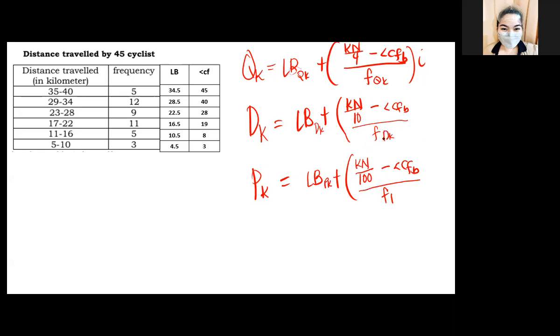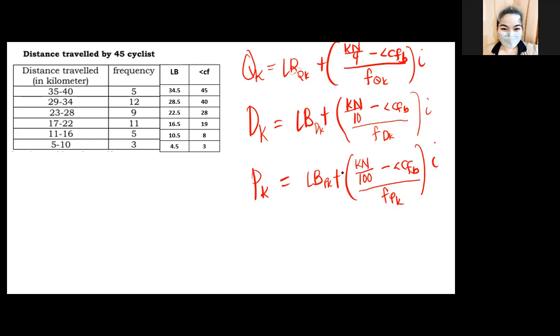At pare-pareho silang may i. Okay? So kung titingnan niyo po yung mga formula nila, pare-pareho lang naman. At yung way on how to get the answer, pare-pareho lang din po. Okay?